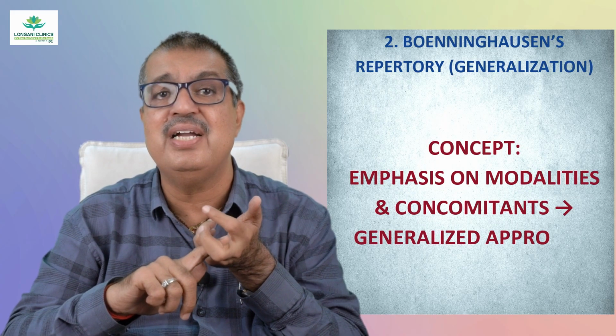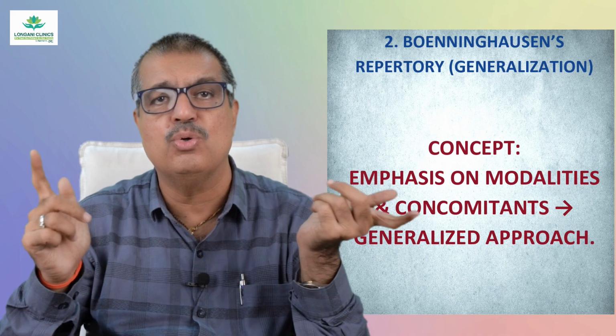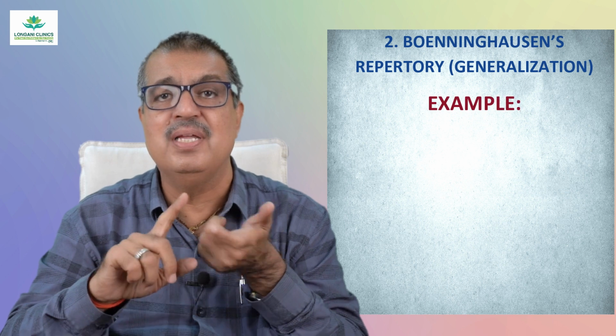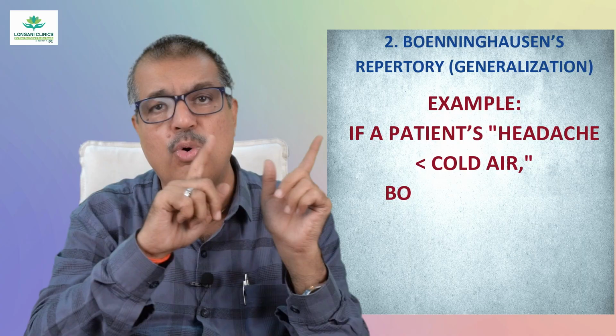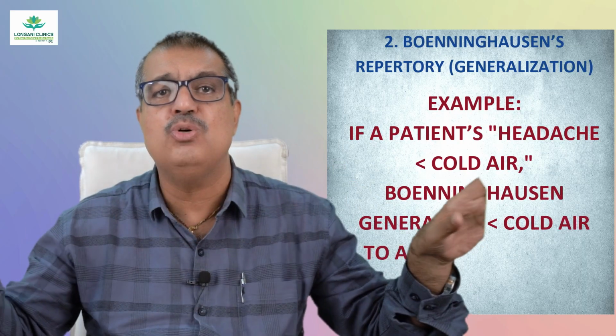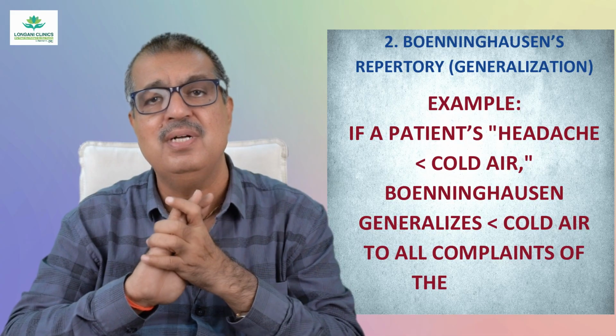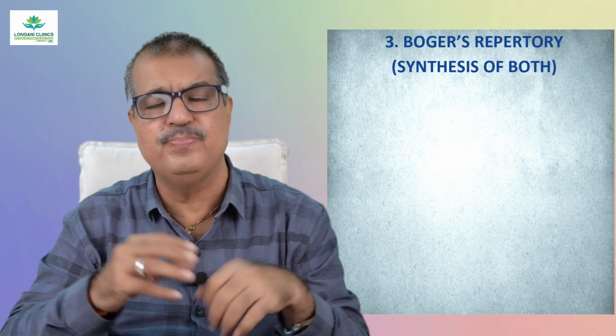This is a generalized approach. Whatever is true of the part is true of the whole. We will see the example. If a patient has a headache, worse cold air, Boenninghausen generalized cold air to all complaints of the patient. Means the patient is worse by cold air.